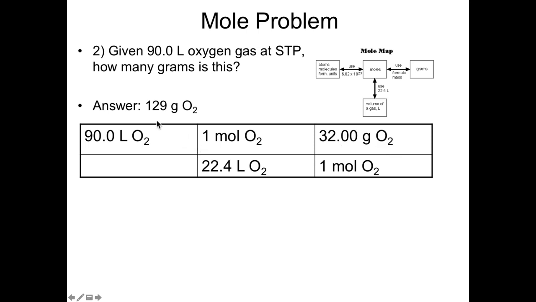So we'll take 90 divided by 22.4. We'll cancel moles here, and you'll have 90.0 divided by 22.4 times 32 will be 129. Or you'll take 90.0 times 32 divided by 22.4, which will also give you 129.